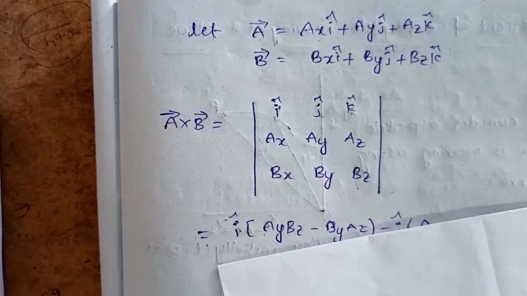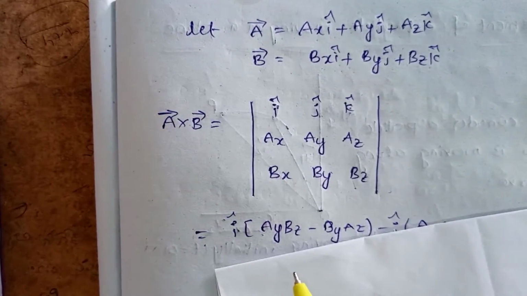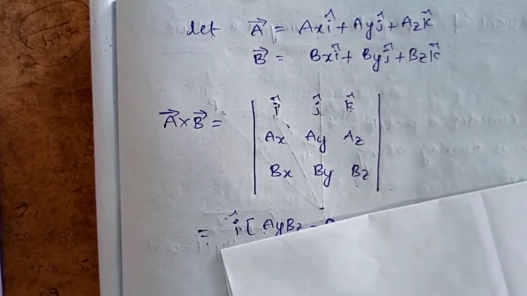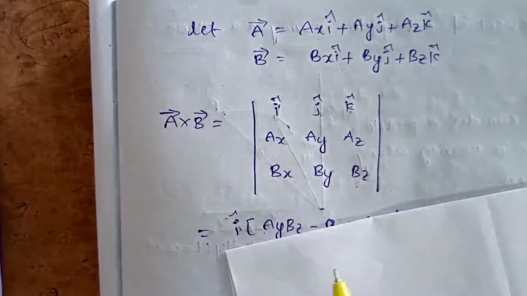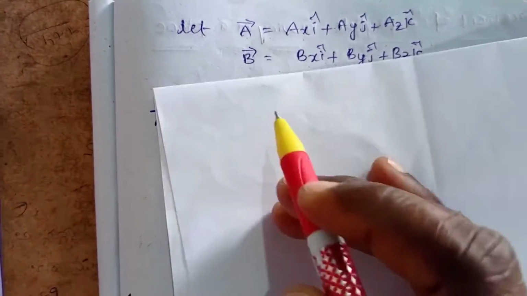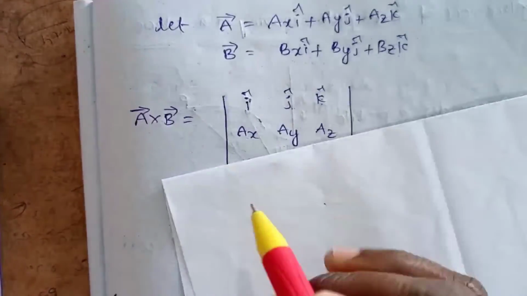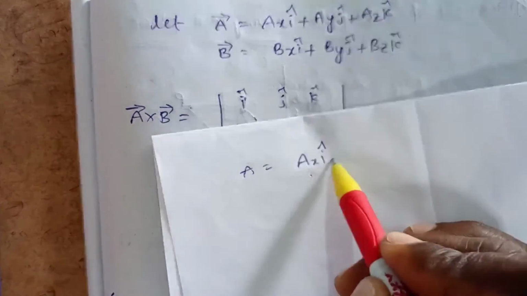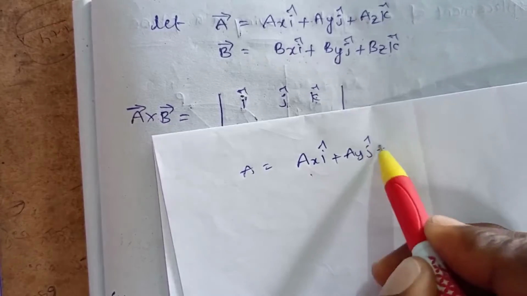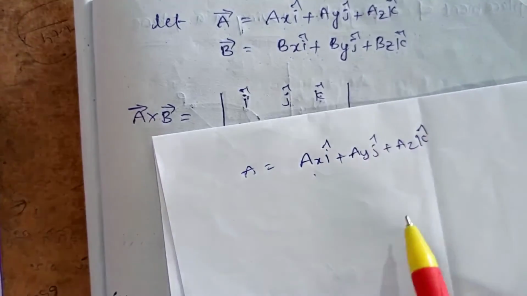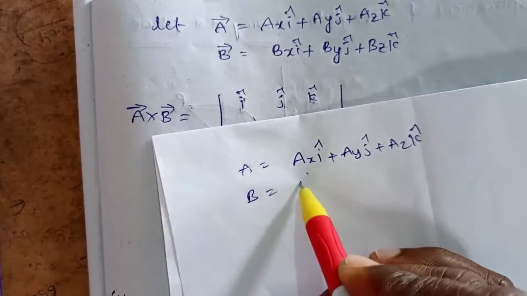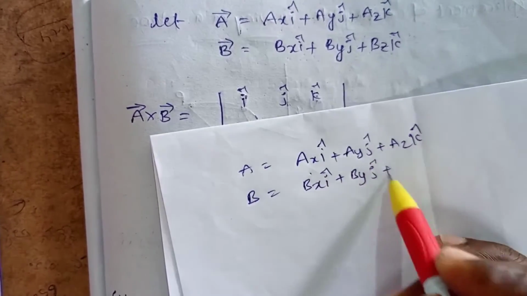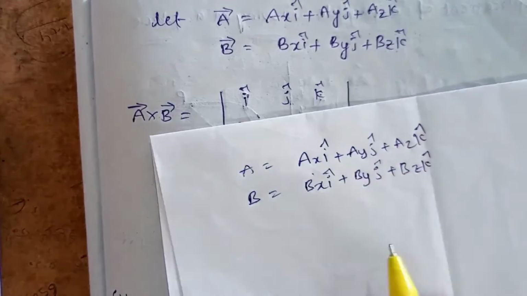So for the cross product, we have to use the determinant method. What is the determinant method? Here A is ax i cap plus ay j cap plus az k cap, and B is bx i cap plus by j cap plus bz k cap.